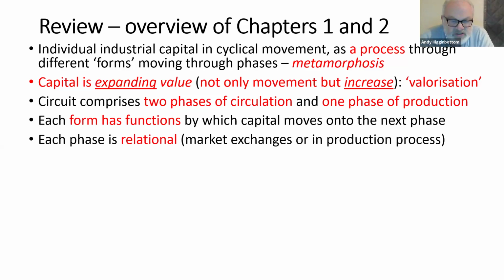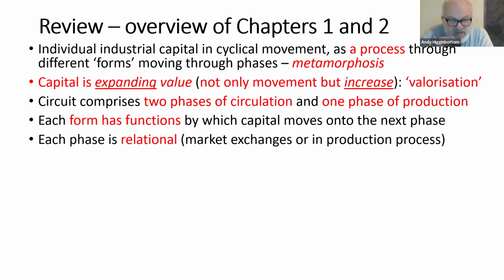Now, my observation about this, and it's definitely there in the text, is that each of these transitions from one form to another requires a relation. It's not just about the individual capital in isolation from the rest of the world, mutating under its own genetic code, if you like.